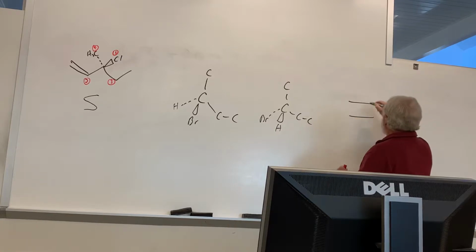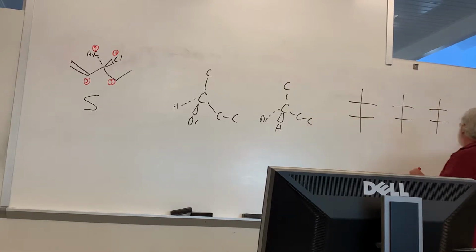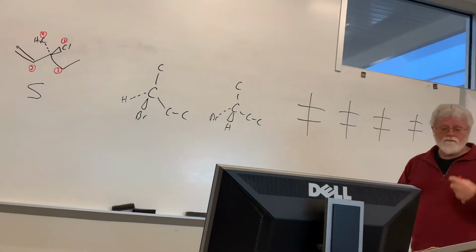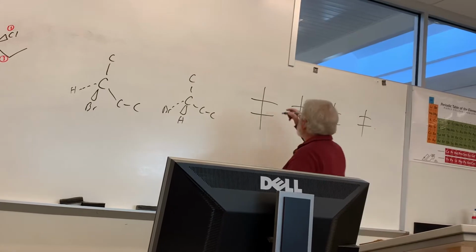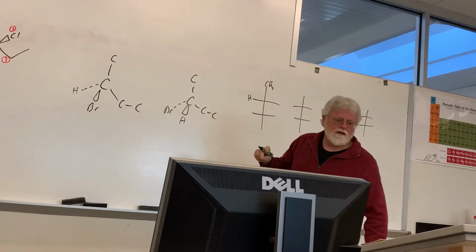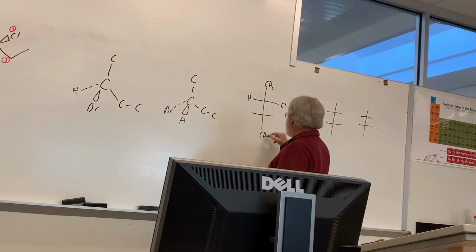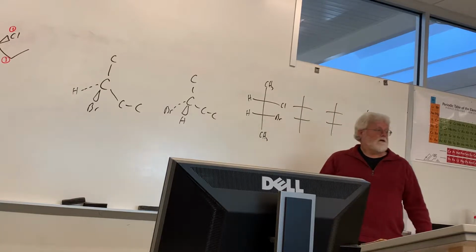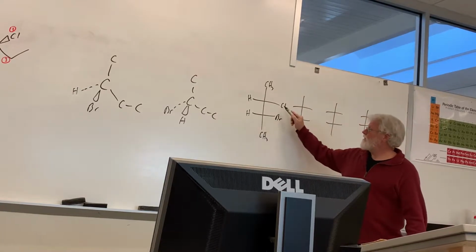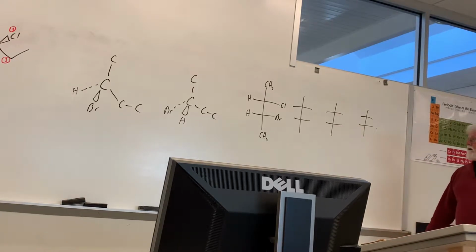You know, the cleanest way to draw the 4 would be as Fischer projections. The 1 carbon has a methyl group, a hydrogen, a chlorine. The other has a methyl group, a hydrogen, and a bromine. It wouldn't matter where you put these 3 things or where you put these 3 things. There's 1.